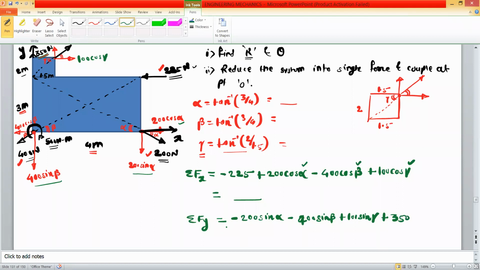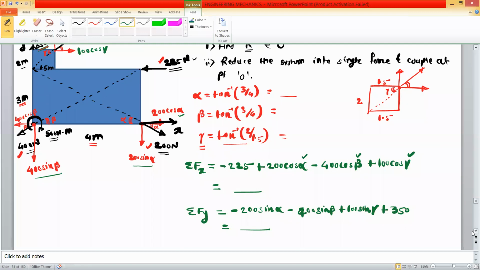So this is your summation fy. Okay, so get this value, put the value of alpha, beta and gamma, and depending on this sign decide the direction.